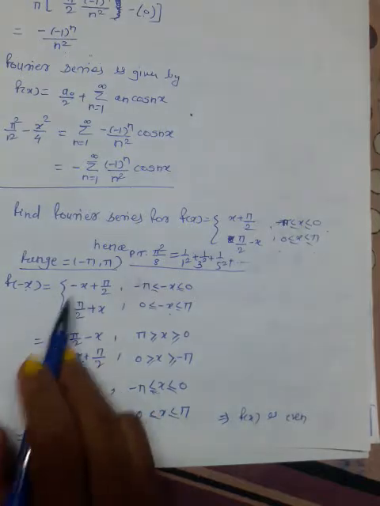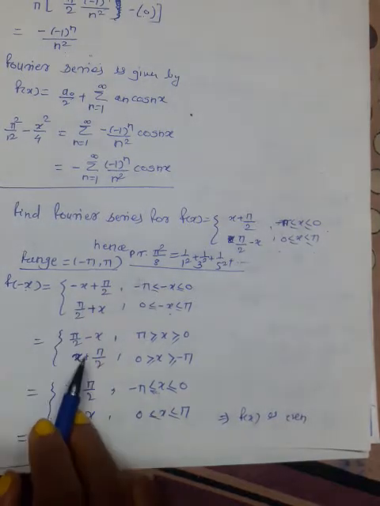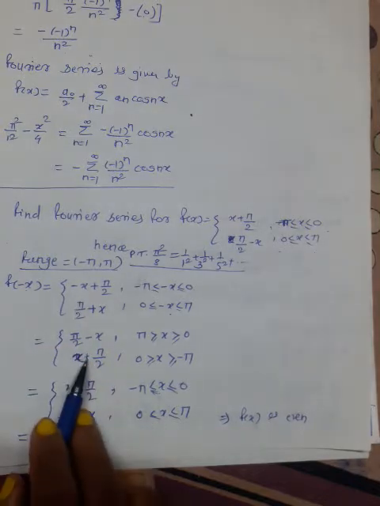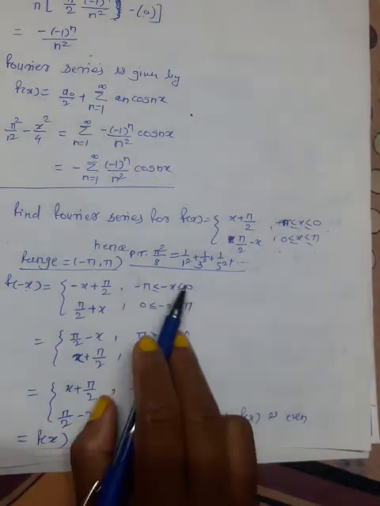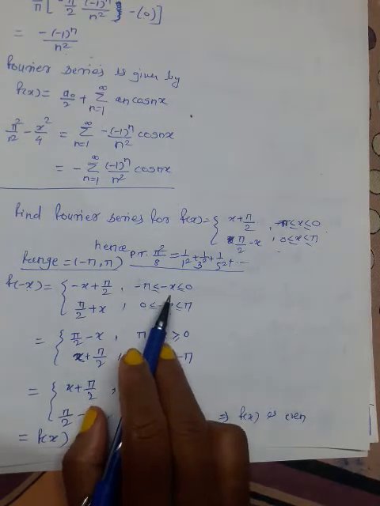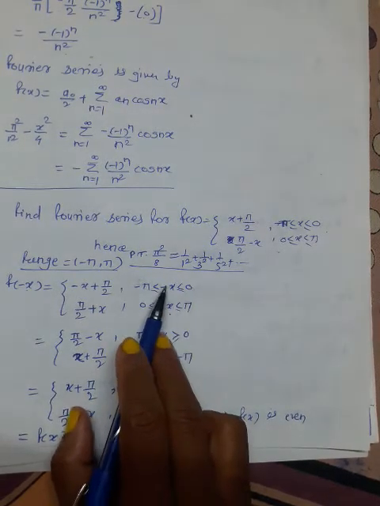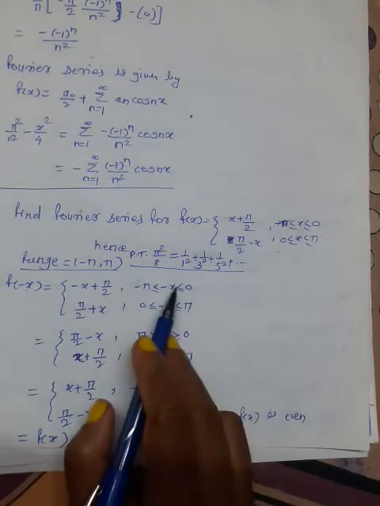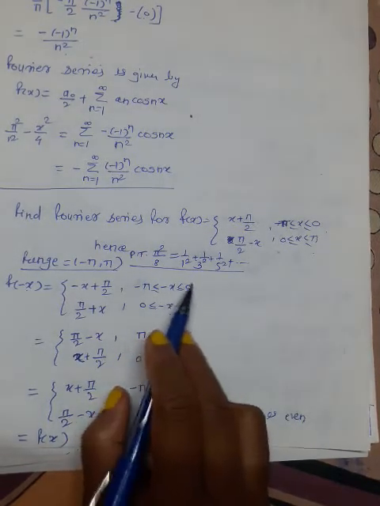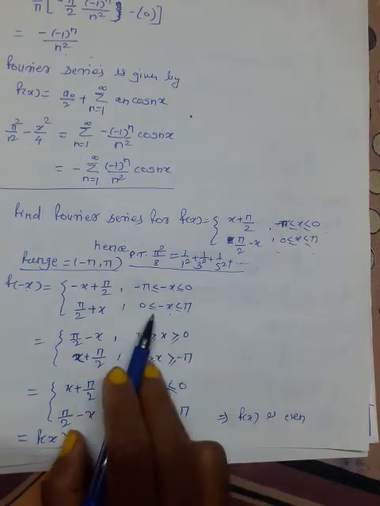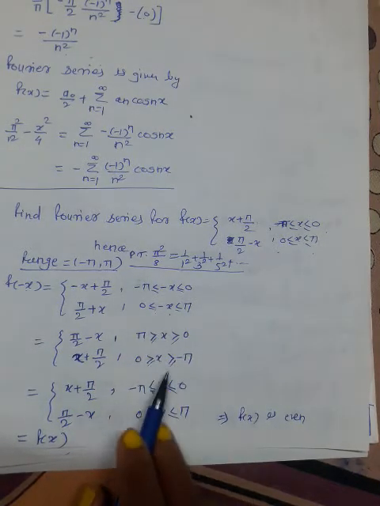And here also we get the same, pi by 2 minus x, pi by 2 plus x, or x plus pi by 2, the same term we are writing. Multiply both sides by minus, and we get pi greater than. By multiplying both sides by minus, the inequality reverses, therefore it becomes minus greater than minus, plus x, and greater than 0. Here also 0, multiply both sides by minus, we get 0 greater than x greater than minus pi.